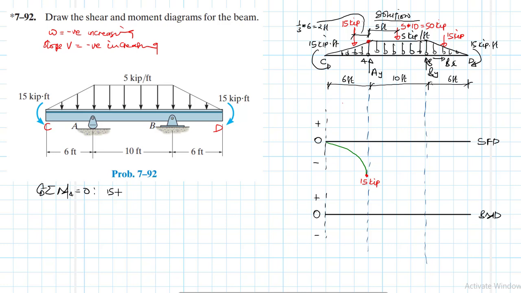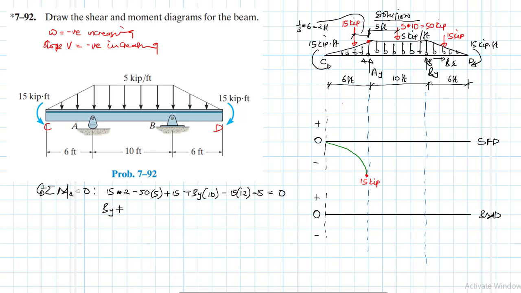We have 15 times 2, and then we have a minus 50 by 5, then we have a plus 15, this couple moment, all right, and then we have a plus BY by 10, and then we have a 15, that's clockwise, 15 by 12, then finally we have a minus 15, this is clockwise, equal to 0.